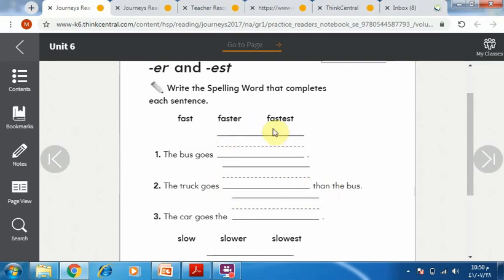So, which one you're gonna choose? The one with ER, faster, or the one with EST, fastest? Yes, faster. Because I'm comparing the truck with the bus. The truck goes faster than the bus. So you write faster here, and then you cross it.